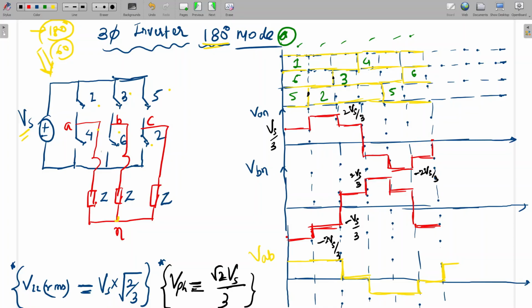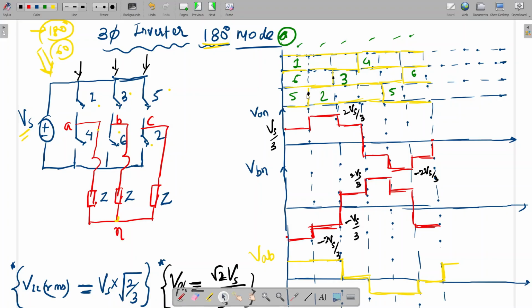So 1 and 4: I started 1 here, and in the same line, the opposite switch comes after 180 degrees. Similarly 3 and 6: I started 3 here, and after 180 degrees 6 will come, because 3 and 6 are in the same leg. 1 and 4 are in the same leg, and 2 and 5 are in the same leg. After 60 degrees, 2 starts here, then 5 starts.